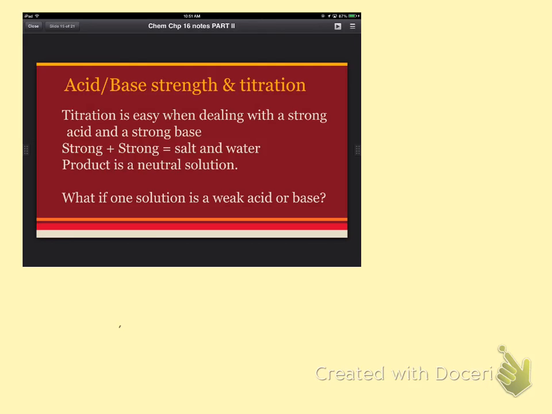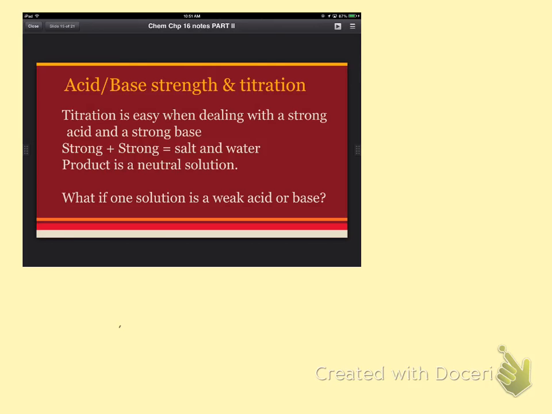HCl is a strong acid and NaOH is a strong base. What's true about strong acids or strong bases? Why are they called strong? Because of the degree of ionization. They either ionize or dissociate completely. So if they completely neutralize one another, we're going to actually get a neutral solution. What if we have a weak acid and a strong base?